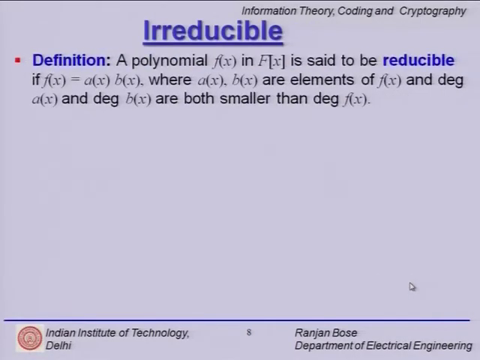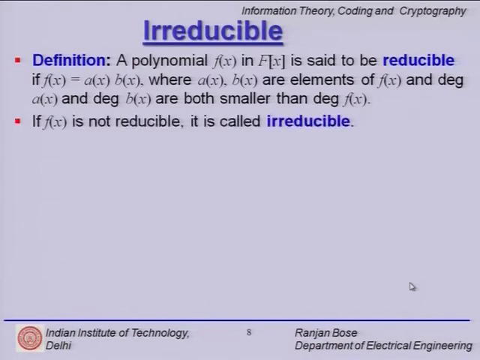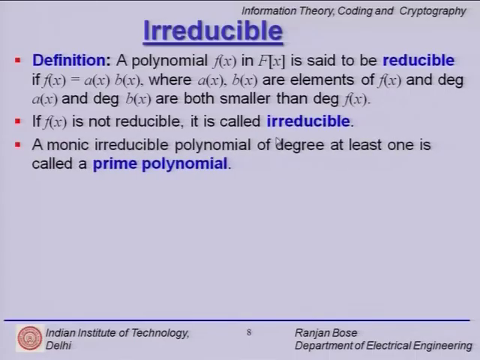We then introduced the notion of irreducible, which is akin to whether it is a prime polynomial, whether you can factorize it or not. So, we found out that a polynomial f(x) contained in the set of polynomials F(x) is said to be reducible if it can be written as a product of 2 polynomials.